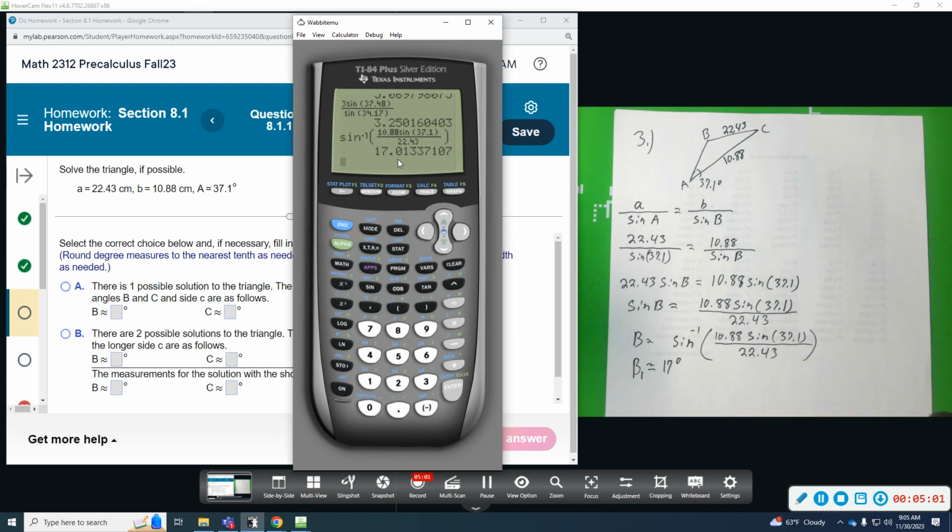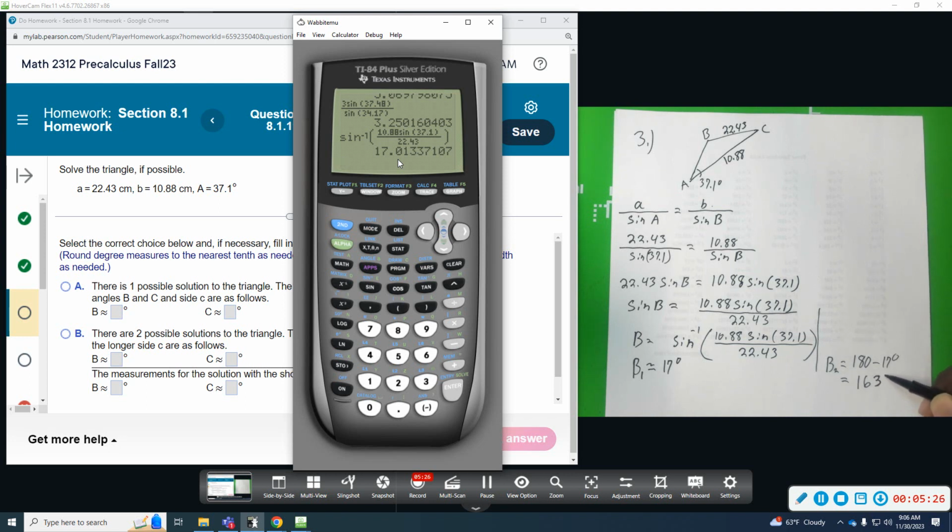So if this is B1, then B2 would be 180 minus that, because they're supplementary angles, 17, which would give us 163.